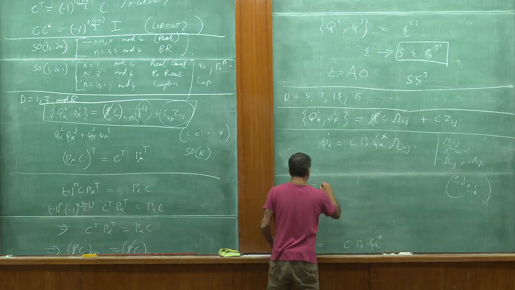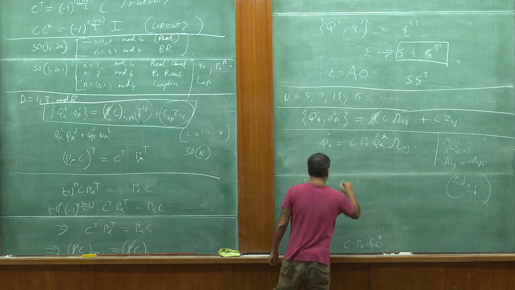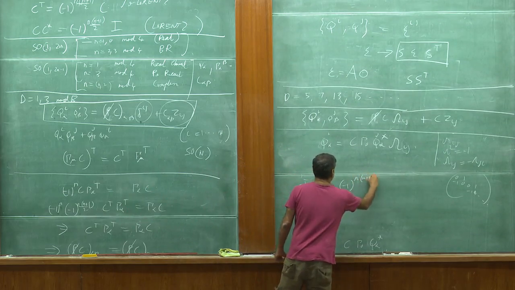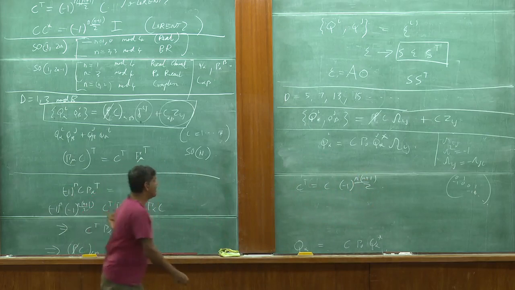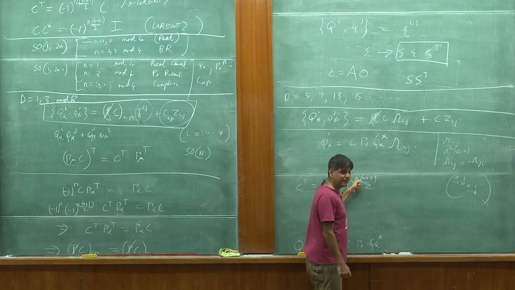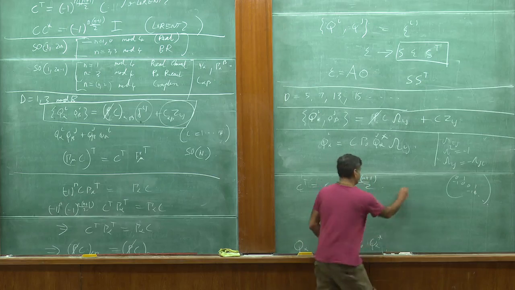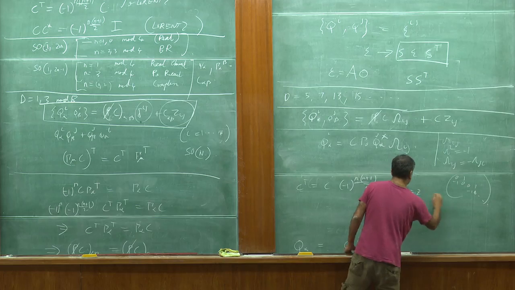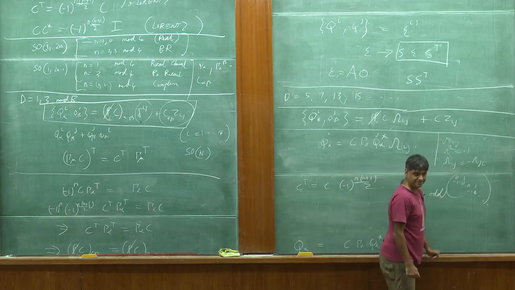C transpose was equal to C times minus 1 to the power n into n plus 1 by 2. Okay? And so for n equal to 2, so d equals 5, this is 2 into 3 by 2. So that's odd. And so Zij would have to be antisymmetric.